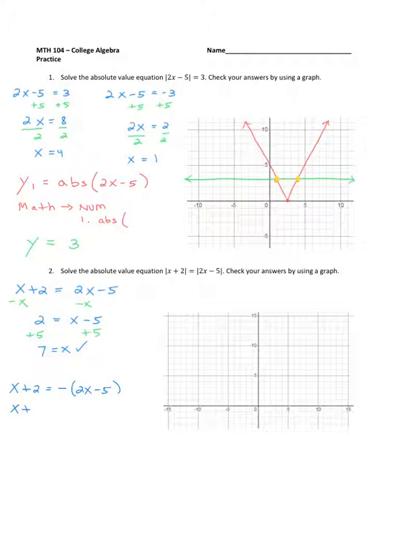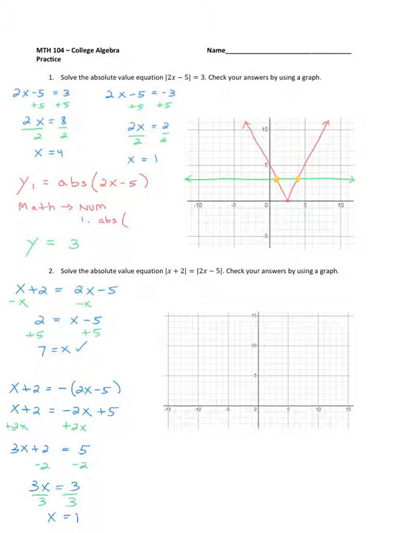So to solve this equation, I will distribute the negative. And when I solve this for x, I'll start by this time adding 2x, which gives me 3x plus 2 is equal to 5. I'll then subtract 2, and I get 3x is equal to 3. Dividing both sides by 3 gives me that x is equal to 1.